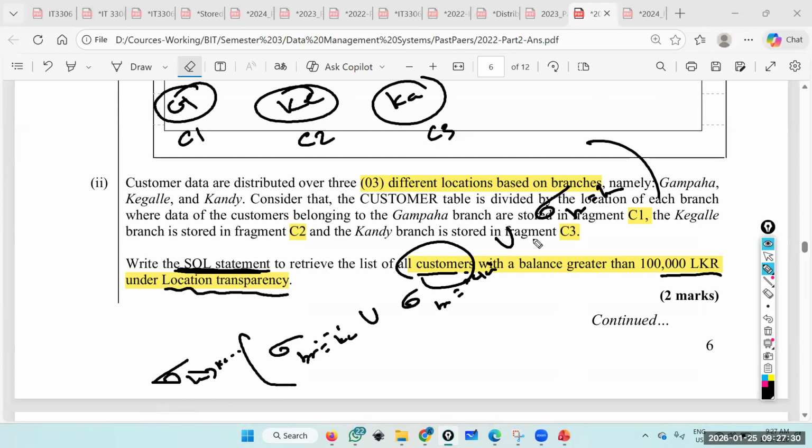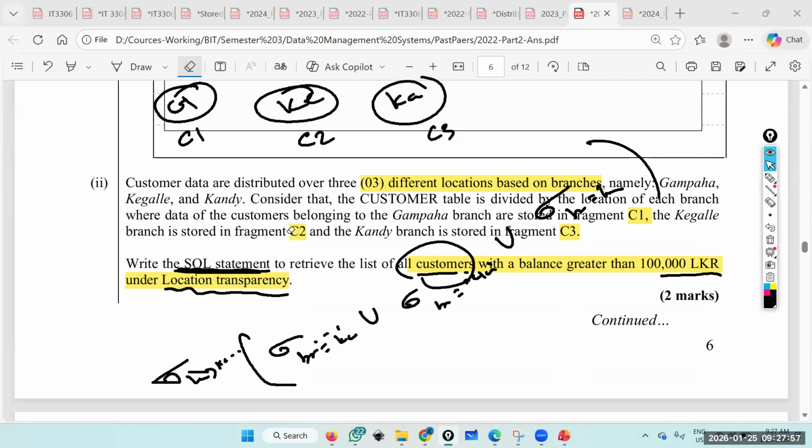Select all from customer where balance is greater than 100,000. For us, it's a normal query. You don't refer to C1, C2, C3. So that should be the case. Simple SQL query, because of location transparency.